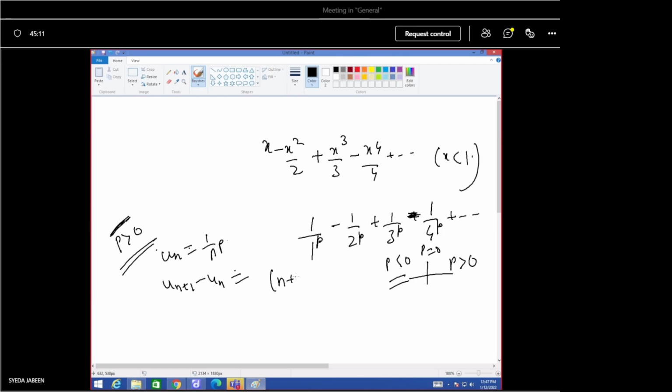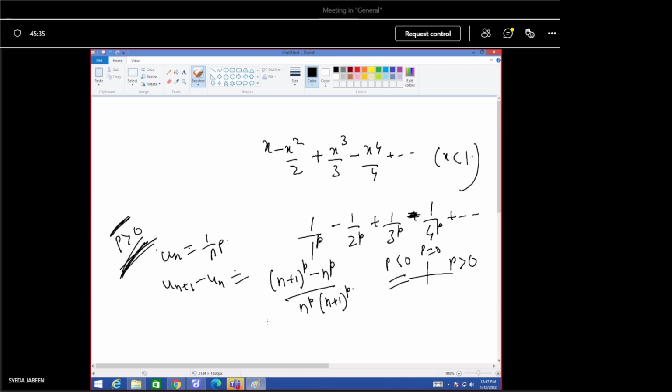So this will become... Ma'am, at p equals 0, is it oscillating between minus 1 and 1? Okay, let us first take the case greater than 0, 1 by 1.